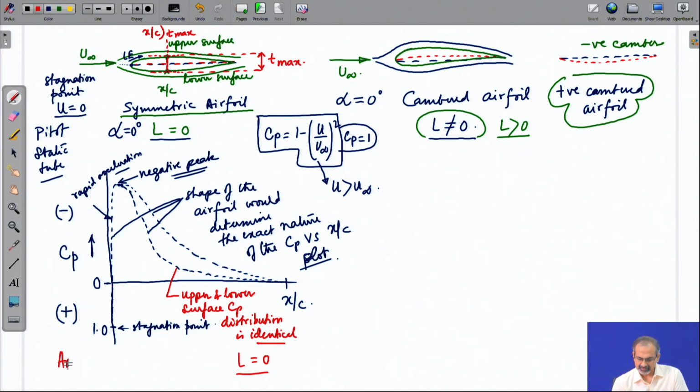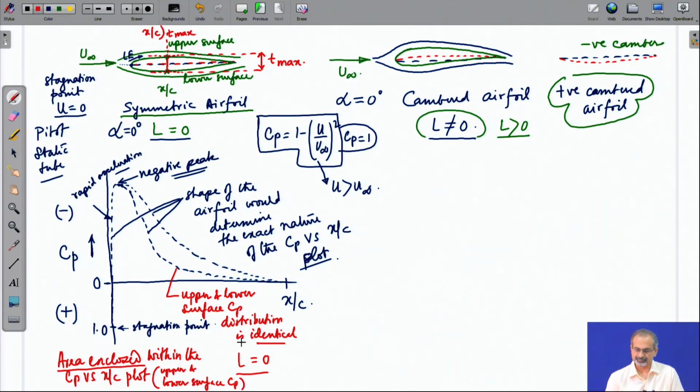So, the area enclosed within the Cp versus x by c plot. So, the area enclosed would be basically the region lying between upper and lower surface Cp, and here that area is 0 and hence the lift is 0.